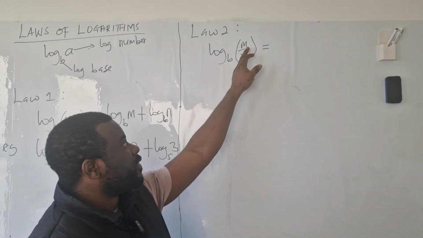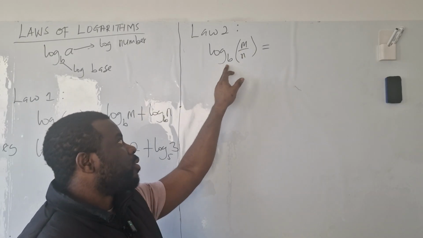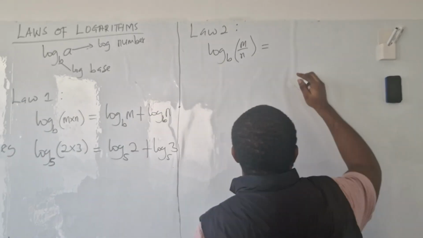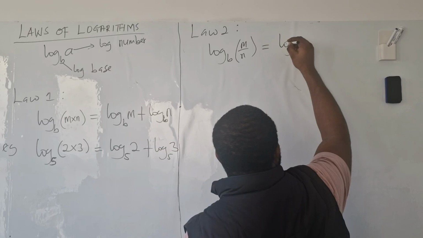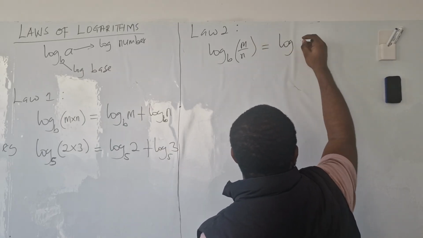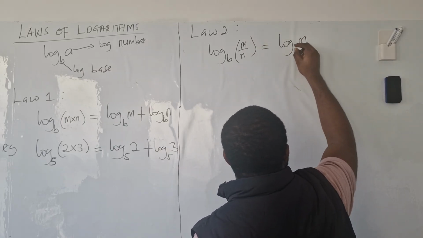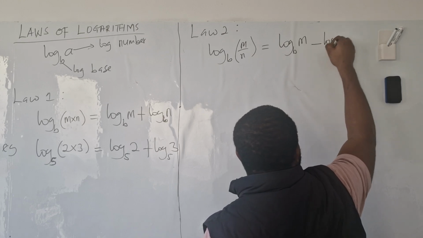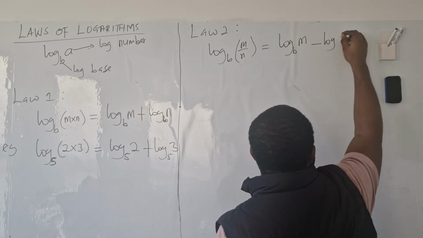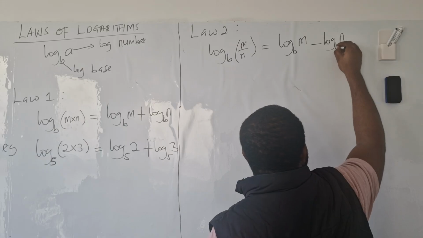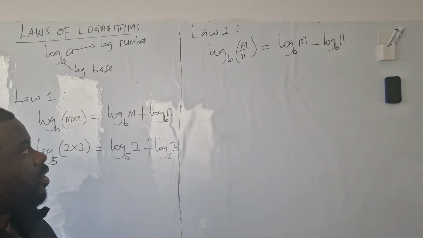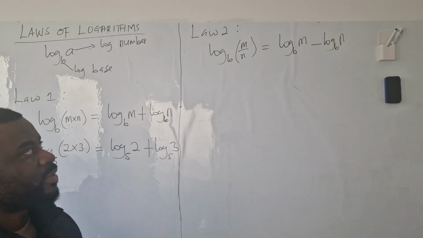So log of division of numbers with a common base can be separated by a subtraction sign in this way. You have log of the numerator, that is m to the base b, minus log of the denominator n to the base b. So log of division of numbers can be separated with subtraction.